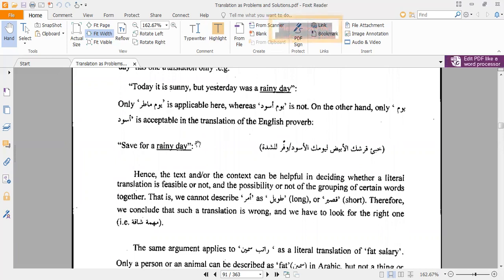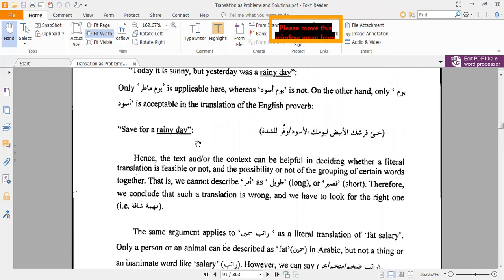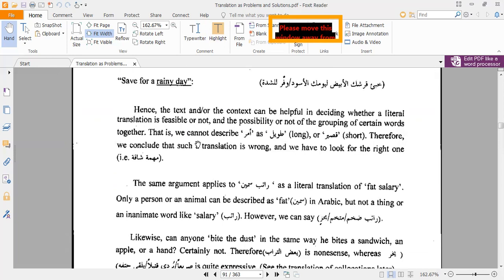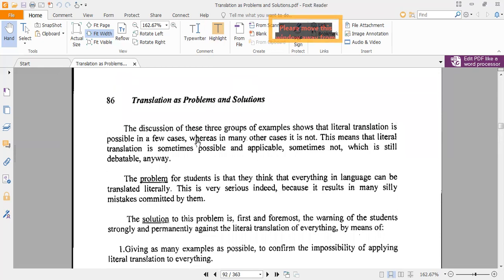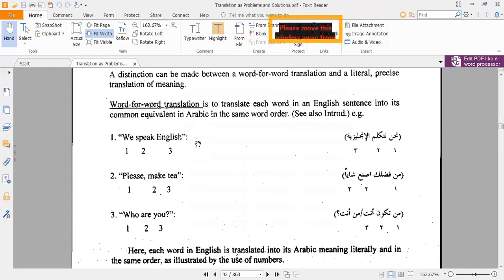If the context refers to a non-metaphorical use, then we can render it as a non-metaphorical use, while the opposite is true. اوكي. طيب احنا هنا نقول راتب سمين، ما بنحكيش احنا فات سلري، وانما راتب عالي جدا او راتب مجزي. وبالتالي هنا راتب سمين literal rendition does not give an intended meaning.